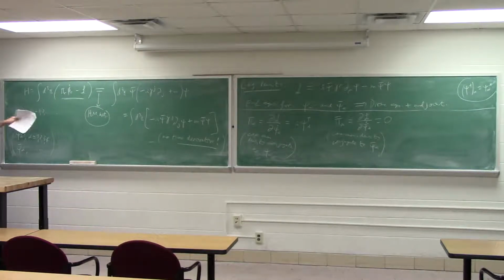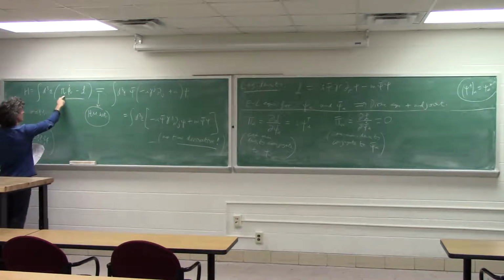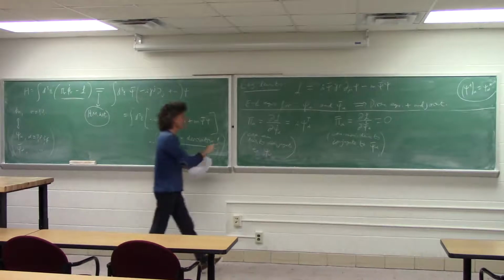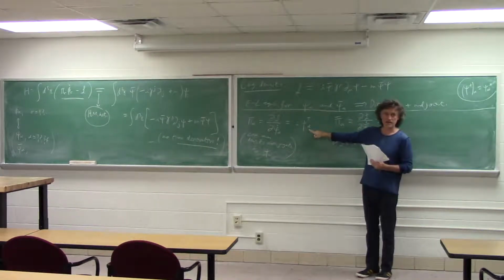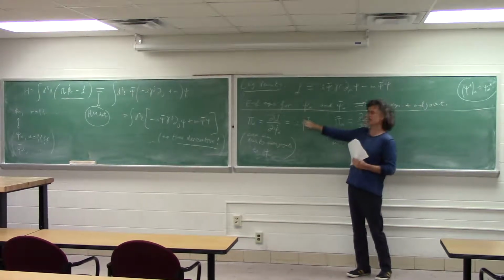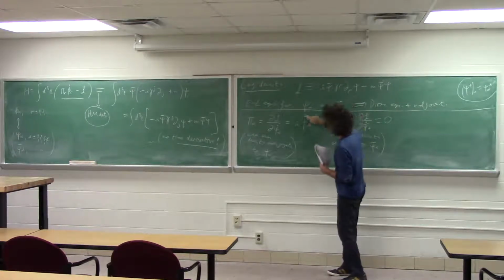So anyway, what happens when there's a time derivative appearing in the Lagrangian density? You've got one of these pi's, and there's something odd here: the canonical momentum density is unusual in that it's not equal to the time derivative. There's supposed to be a time derivative here. No, there's no time derivative.